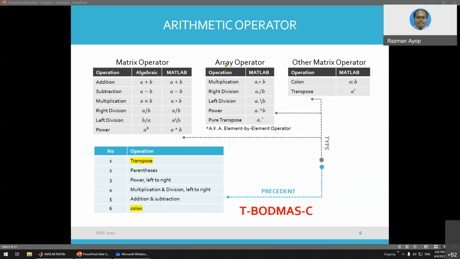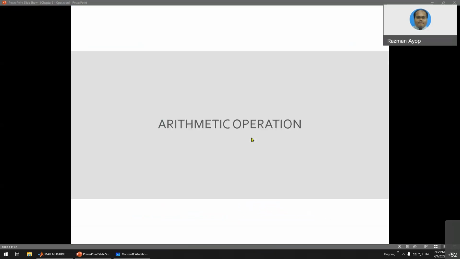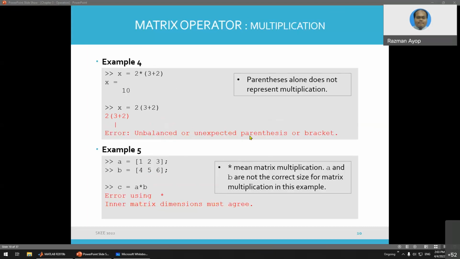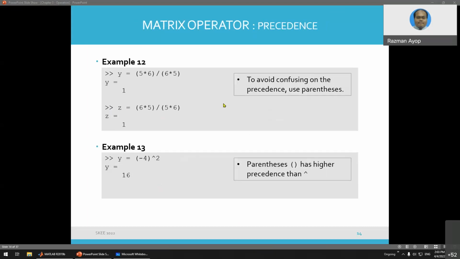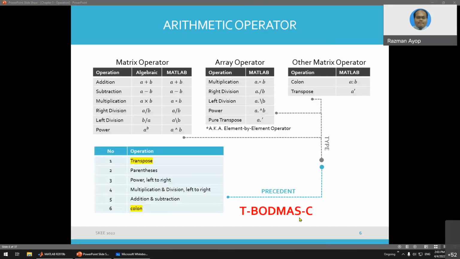So we continue with array operation today, and after that, we will learn about Boolean. So today is arithmetic part 2 and Boolean, which is the second one. Okay, so this is matrix. You already learned about this, so make sure to memorize it. BODMAS is the standard you learned before, and then you have transpose, and then you have colon at the end.